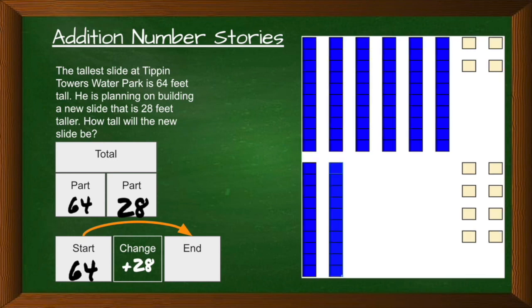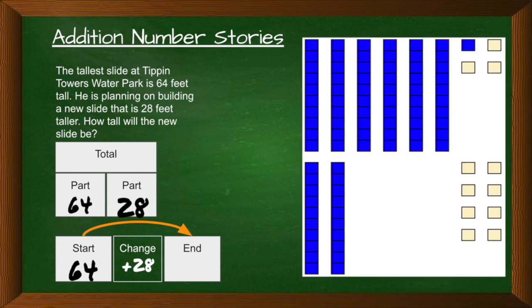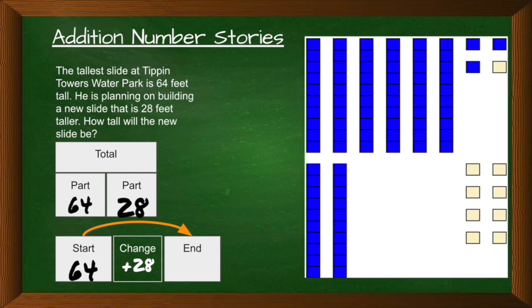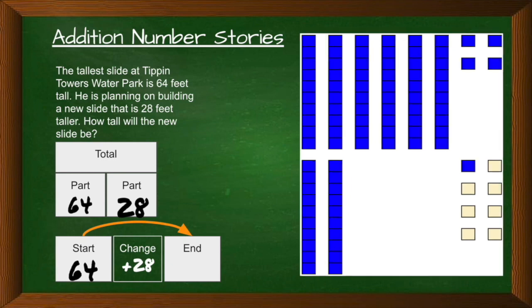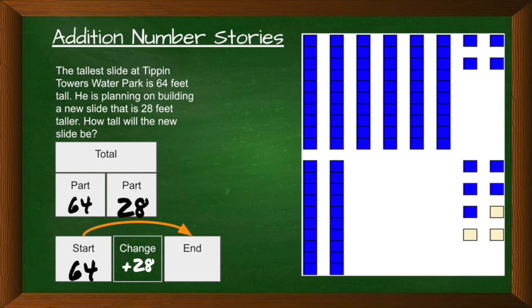I have 8 longs, or 8 tens, which makes 80. Now we can count the ones. So I'm going to start at 80, 81, 82, 83, 84, 85, 86, 87, 88, 89, 90, 91, 92. The same solution we had a moment ago.